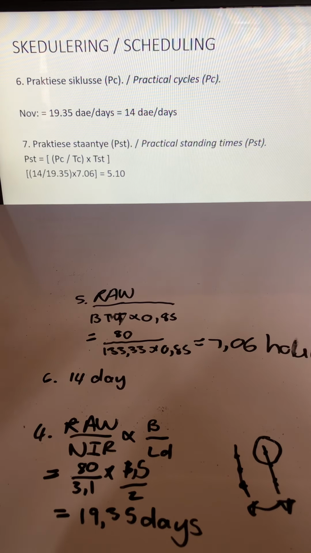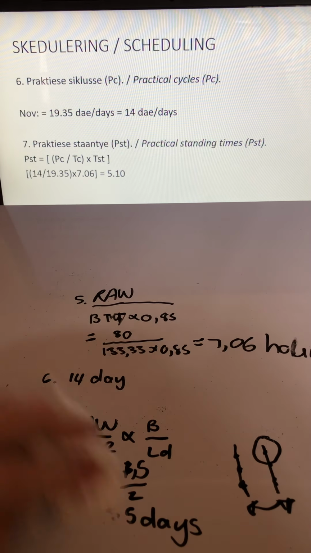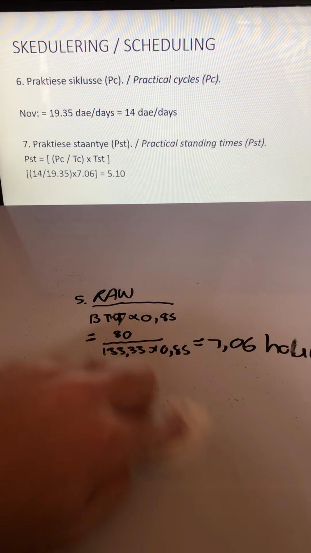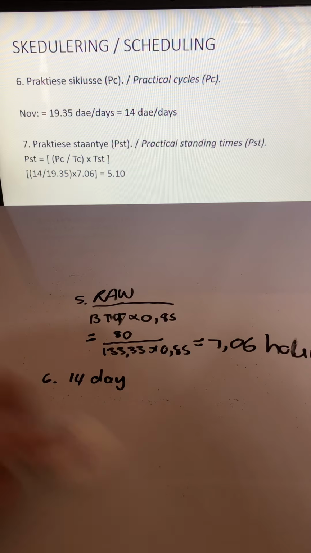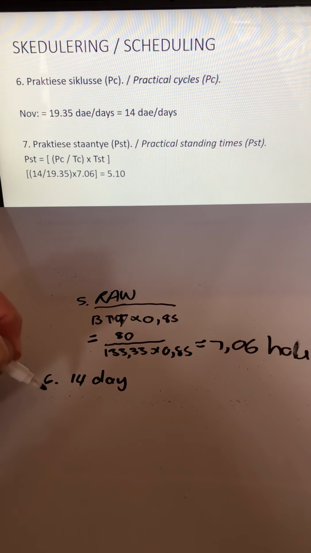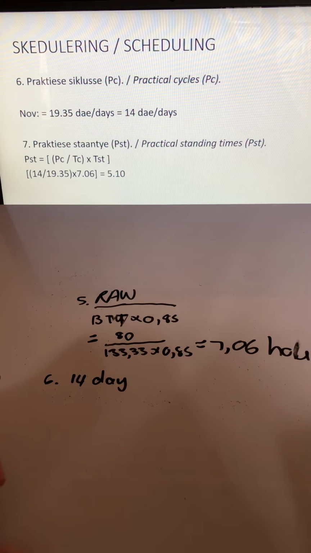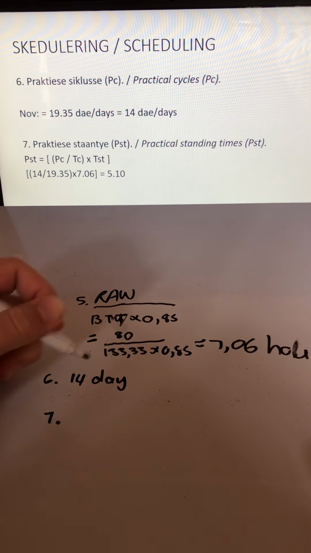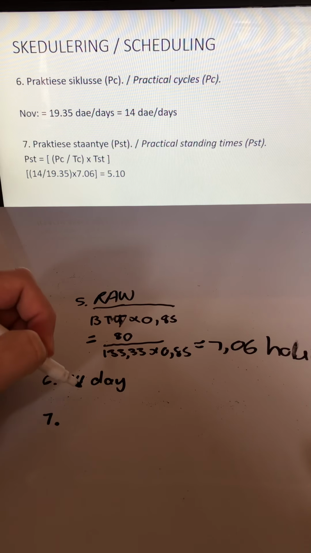And then because you are now using a 14-day cycle instead of a 19.35-day cycle, your standing time that you are going to let the irrigation run for is not going to be 7.06 hours anymore, but it's going to change to 5.10 hours.